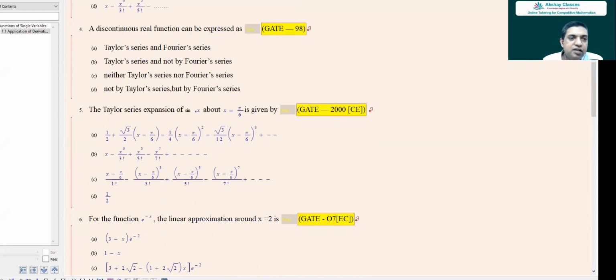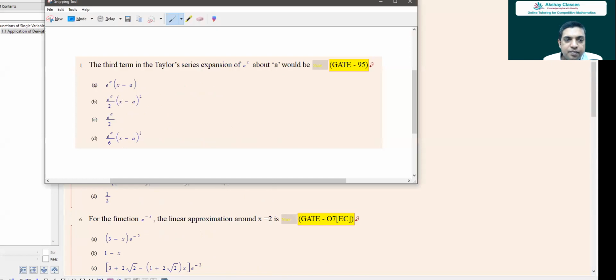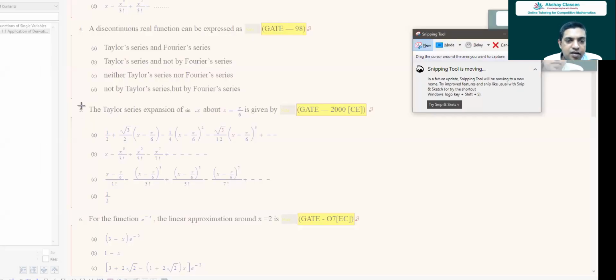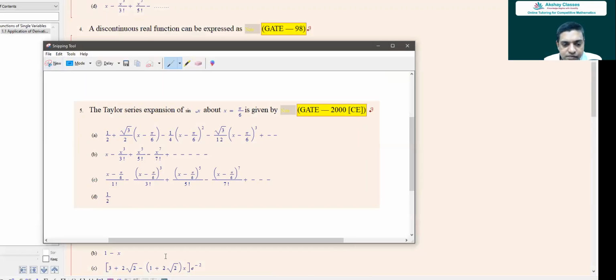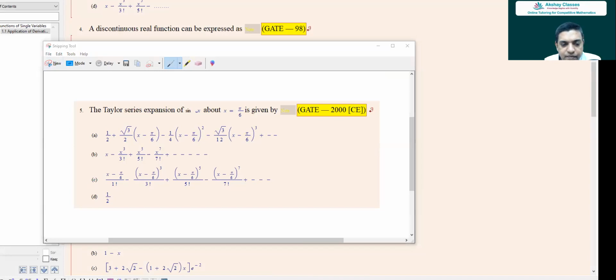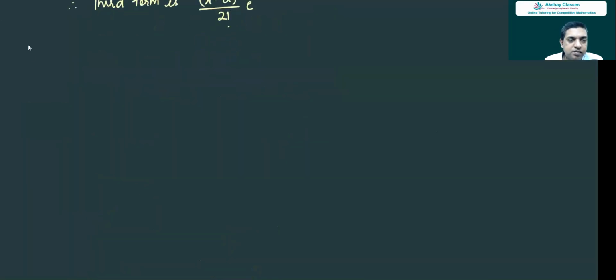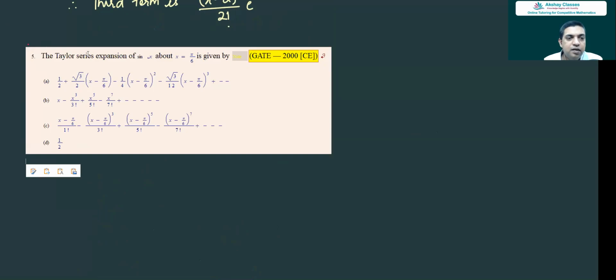Let's do this. This is the Taylor series expansion of sin x about x equal to pi by 6. So how many terms?